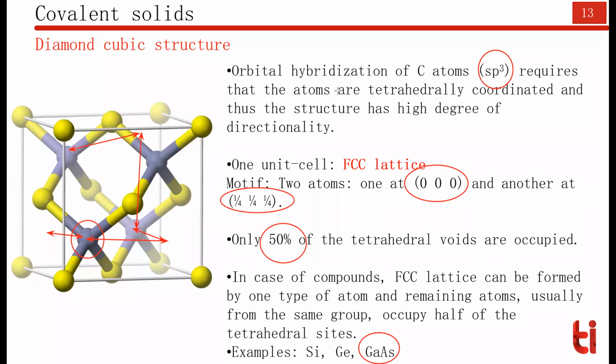So these are the three motif coordinates that you can possibly have. Is it clear? Okay, let's proceed further.